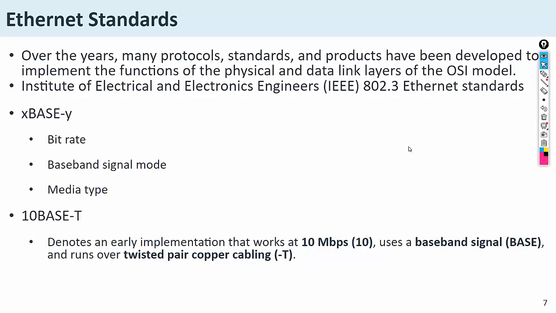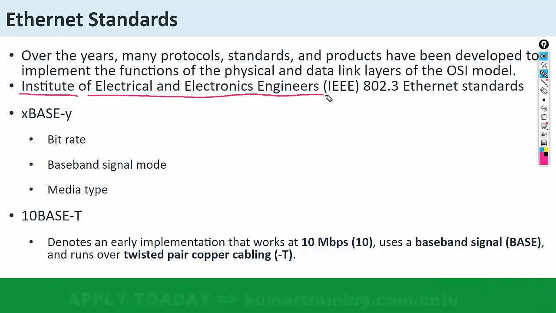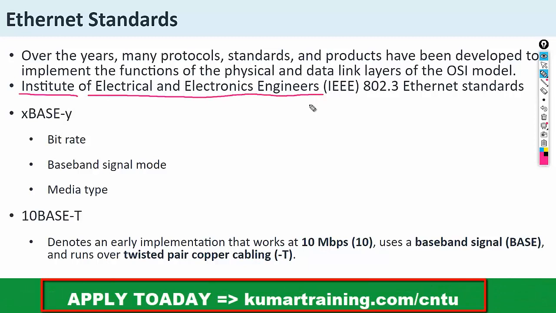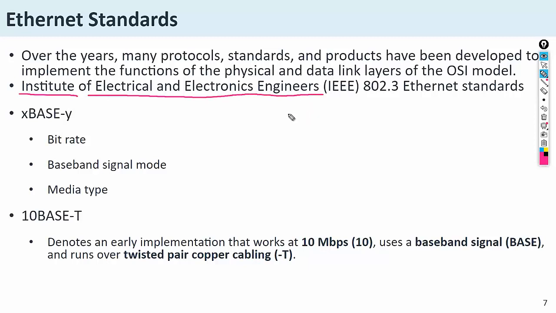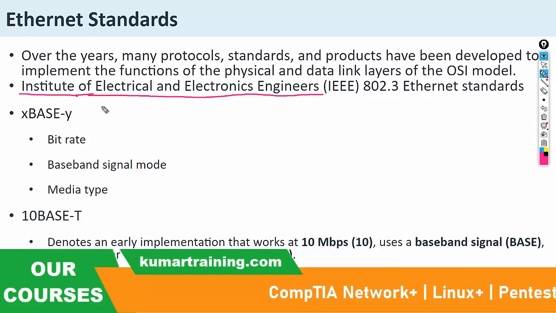If we talk about the Ethernet standard, there is one institution called IEEE, the Institute of Electrical and Electronics Engineers. This is the institution which provides the standards. A standard is just a protocol fulfilling the least requirement.